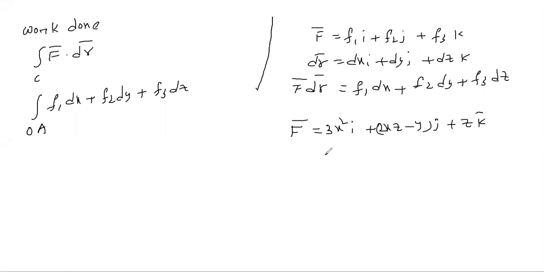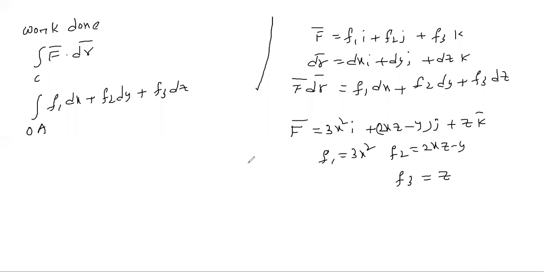So f1 is equal to 3x square, f2 is equal to 2xz minus y, and f3 is equal to z.